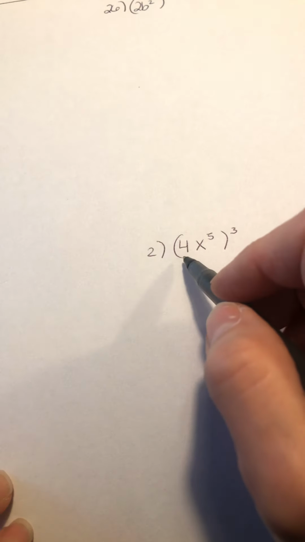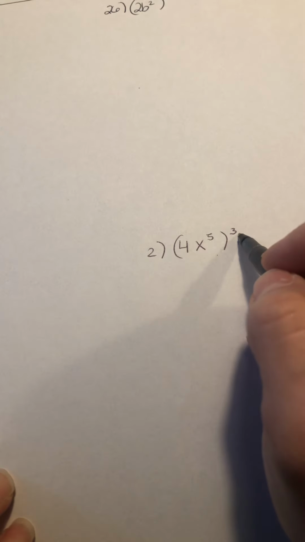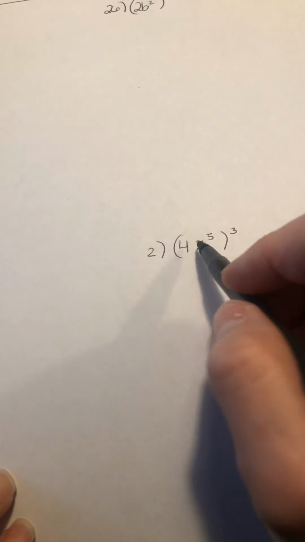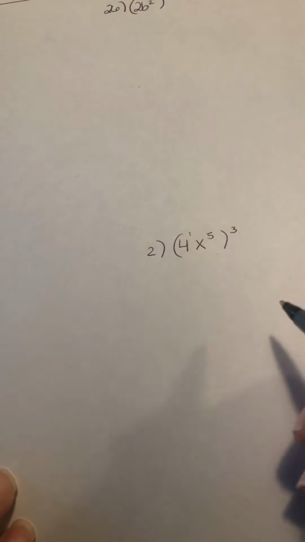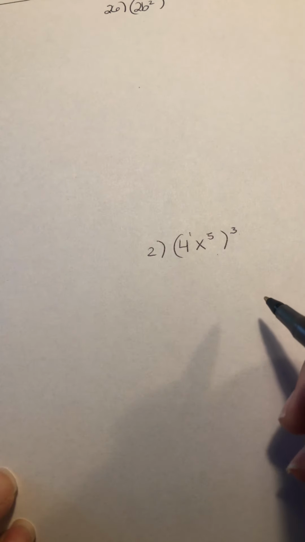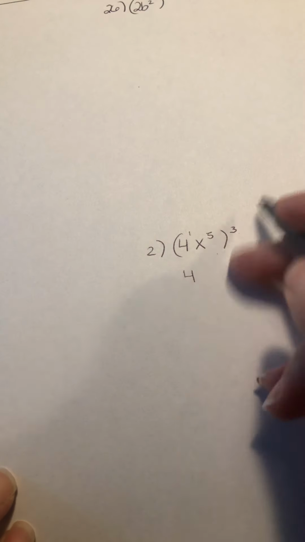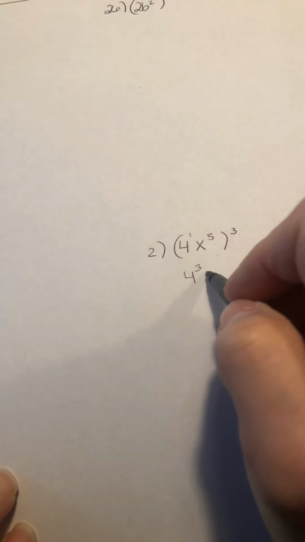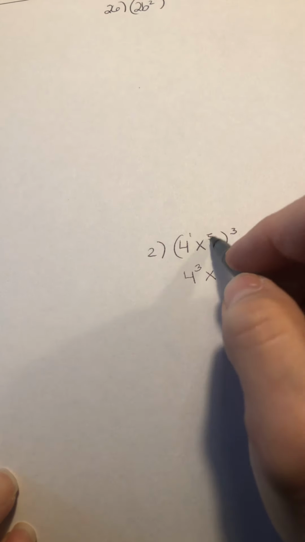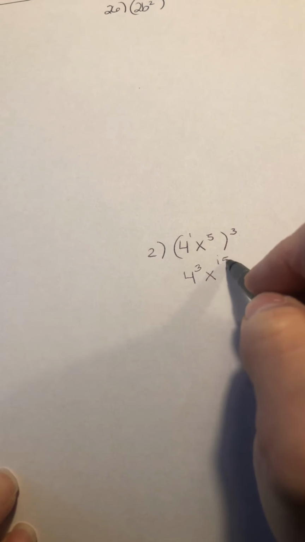So let's try one more example. Over here, we have a product being raised to a power. So again, remembering that there's a 1 there even though we don't see it, we have 4 and then 1 times 3 is 3. And then we have an x, 5 times 3 is 15.